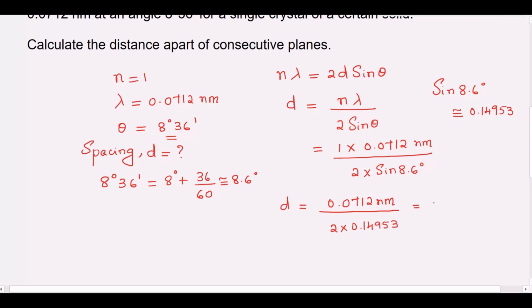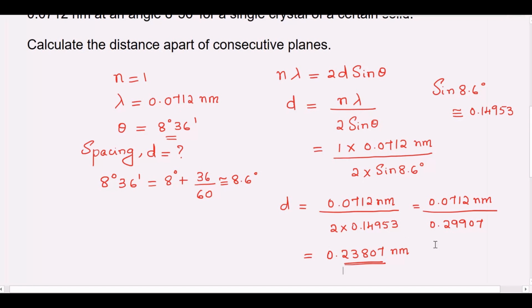That is equal to 0.0712 nanometer divided by 0.29907. So the value of d will be equal to 0.23807 nanometers.